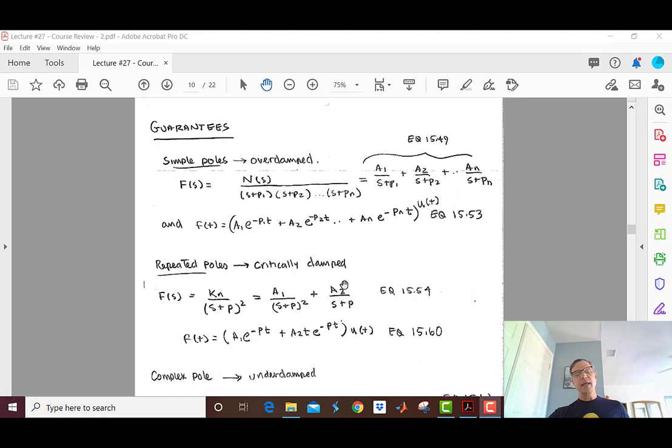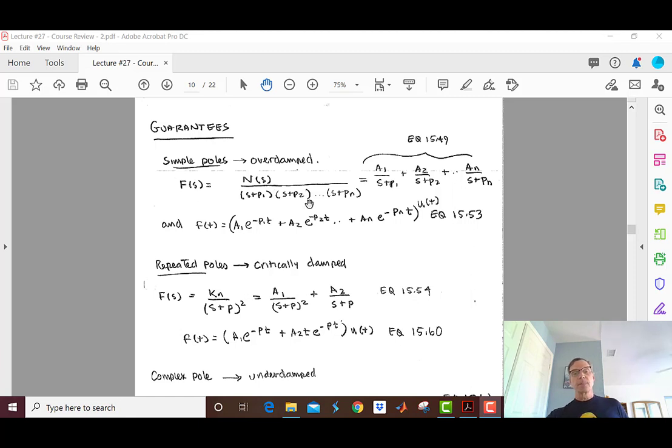But you can see here, A2 over (s plus p) is going to be A2 e to the minus pt. And this next one is going to be A2 t. It should really be A1 t times e to the minus pt. That's a little complicated because I made a mistake. But look in your inverse Laplace transform table, table 15, whatever, and you'll see the inverse Laplace transform of this and the inverse Laplace transform of this.